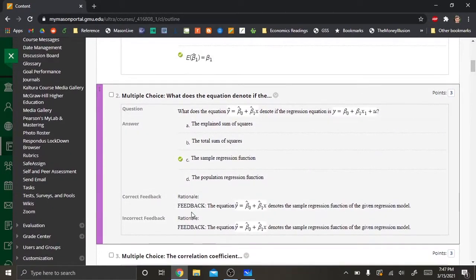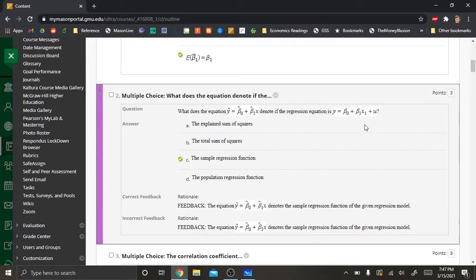All right, number 2, also just a definitional question. It's asking what does the equation y hat equals beta 0 hat plus beta 1 hat x mean if we're dealing with this regression equation here? And you should remember that when we put hats on our variables, we're indicating that they are our sample statistics as opposed to our population parameters.